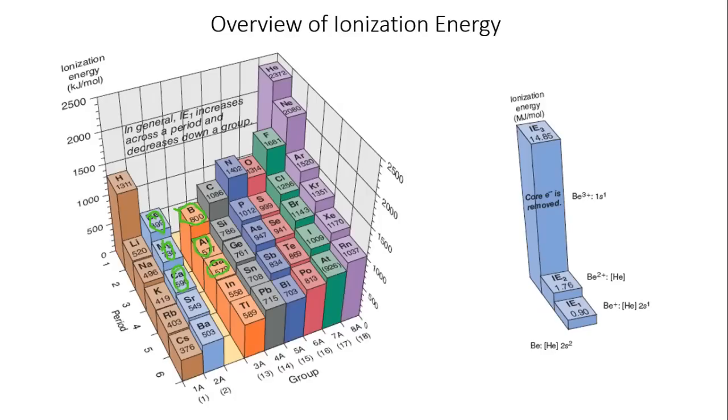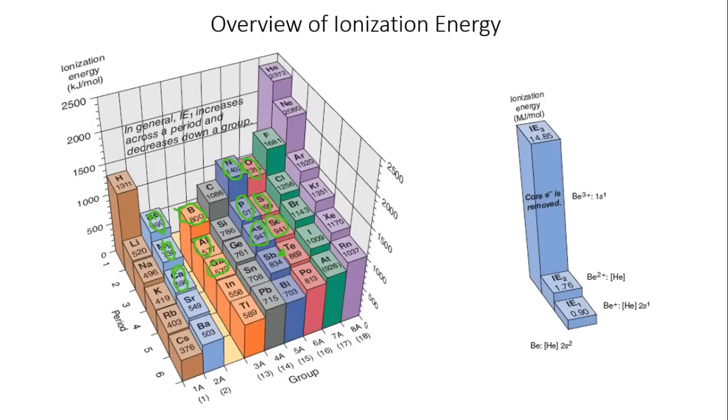And in groups 5 and 6, oxygen is less than nitrogen, sulfur is less than phosphorus, but you see the effect decreases as you go down the rows. Selenium is less than arsenic, but you notice tellurium is greater than antimony.